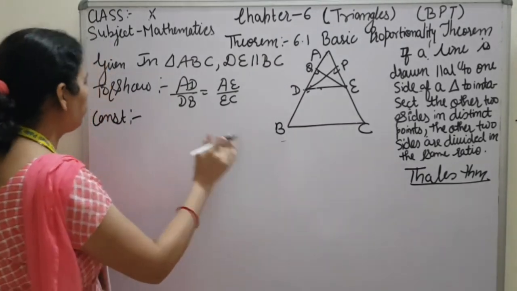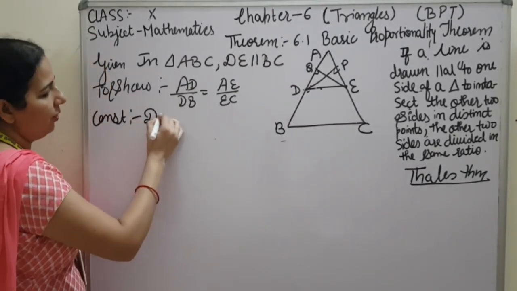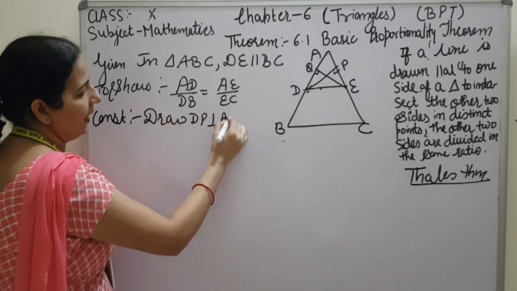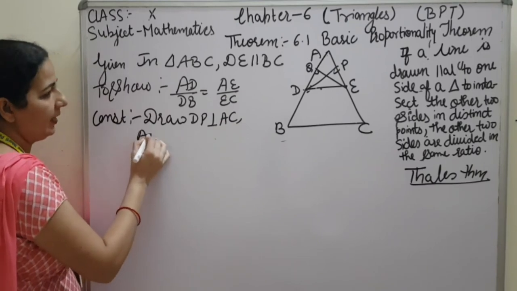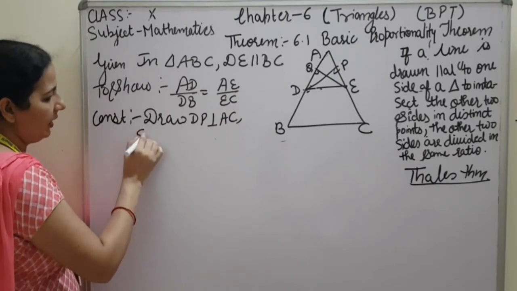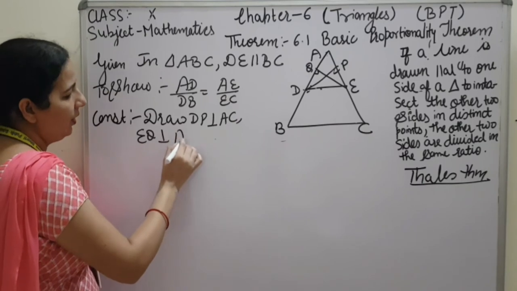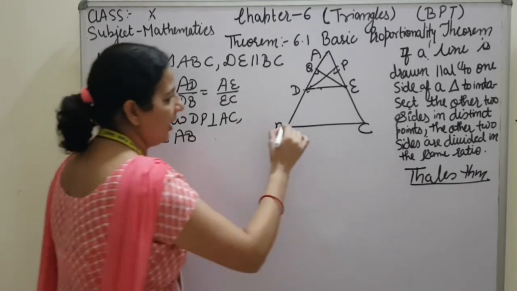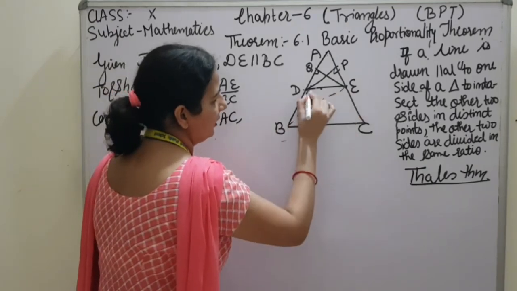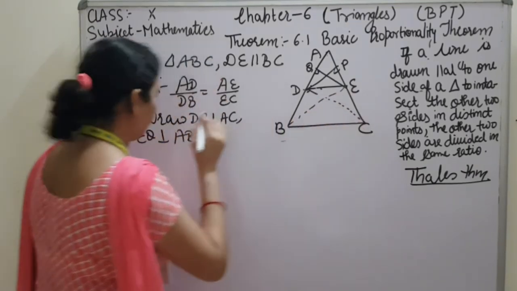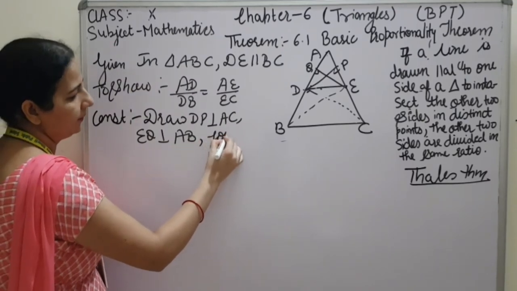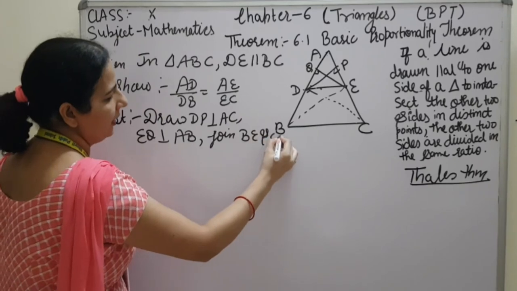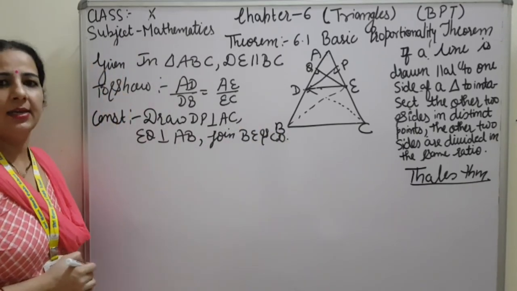So construction: draw DP perpendicular to AC and EQ perpendicular to AB. Join BE and CD.